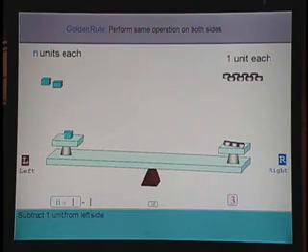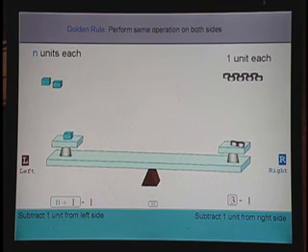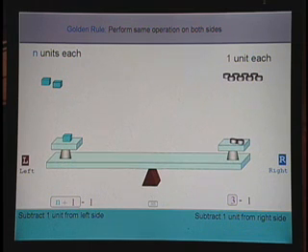Now we have to do the same thing. We have to subtract 1 unit from the right hand side. Let's see how it works. Alright, we subtracted 1 unit from the right hand side. Congratulations, our balance is now balanced, or our seesaw is now balanced.